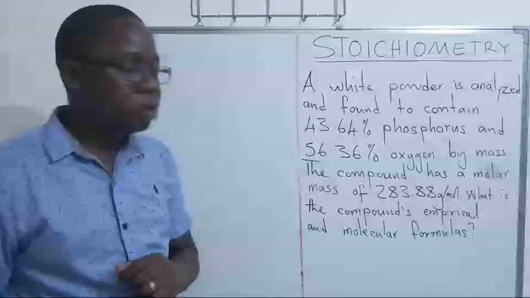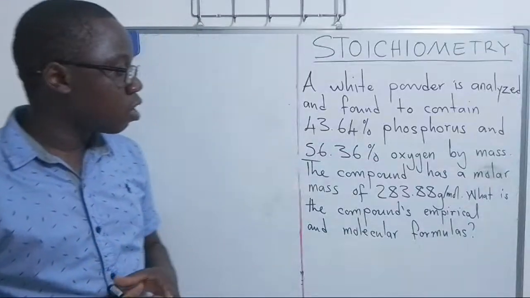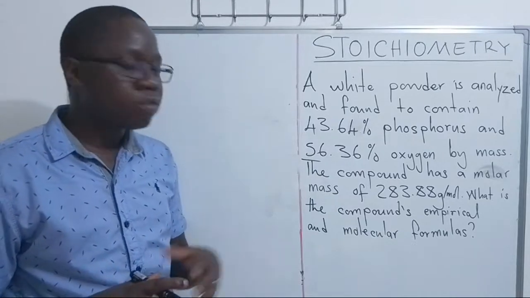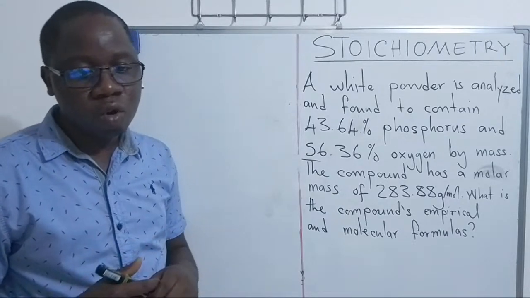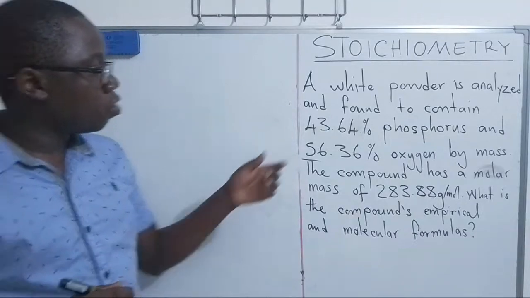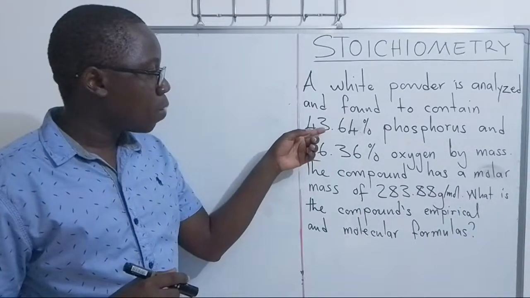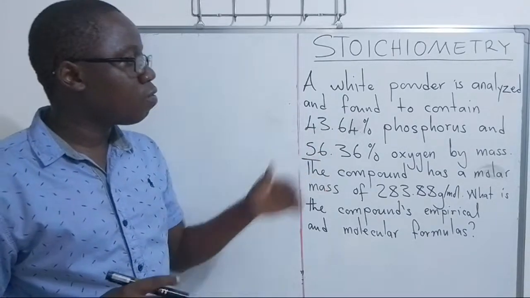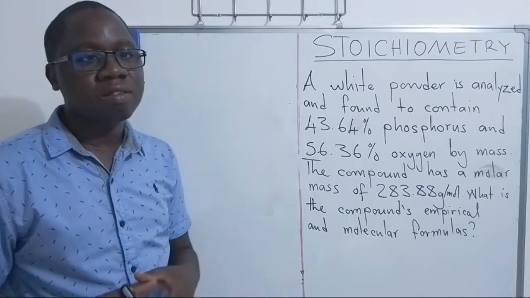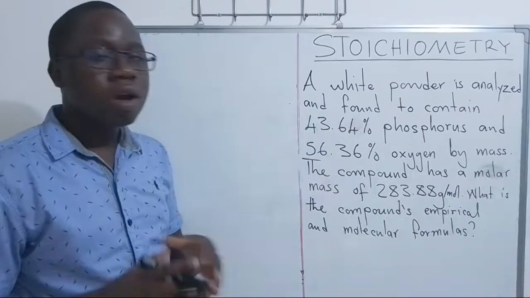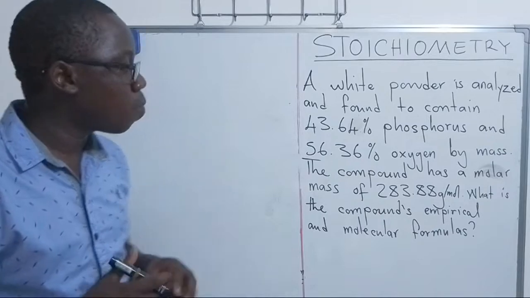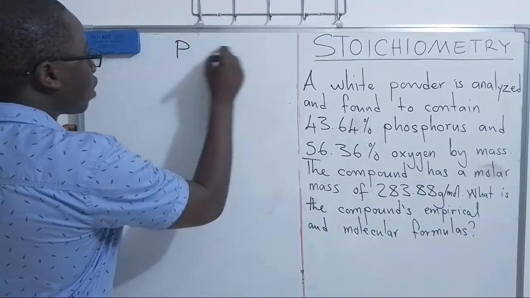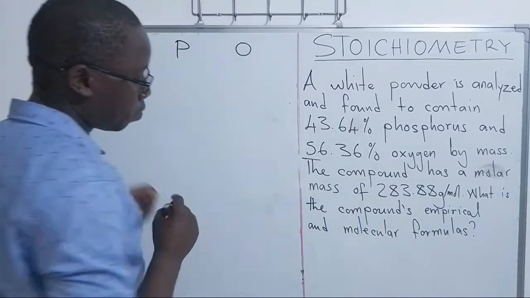So for us to find the empirical formula and the molecular formula, we need to do certain steps that can help us to achieve this goal. The first step is looking at the percentages that we have been given. These percentages give us the composition by mass of the two elements that are in this compound, phosphorus and oxygen.